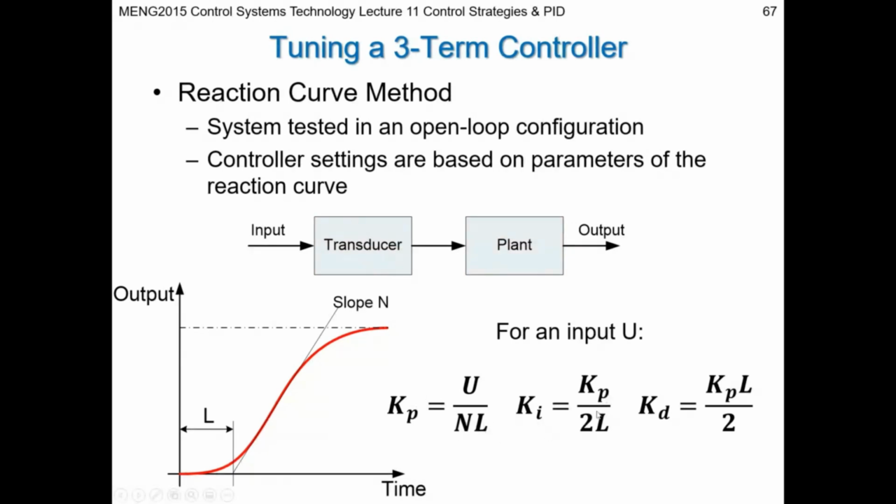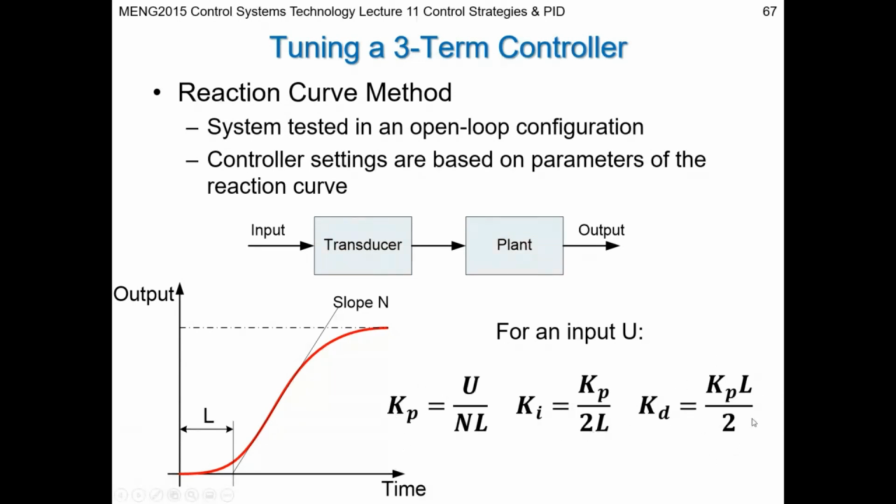And then our Ki is Kp upon 2L. So that would be 0.6 divided by 2, or 0.3 for our Ki. And our Kd would be KpL upon 2. So that would be 0.6 times 1 is 0.6 upon 2. So again, our Kd would be 0.3.